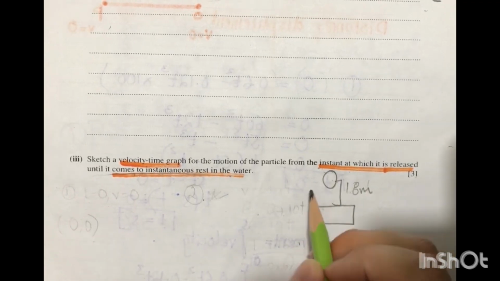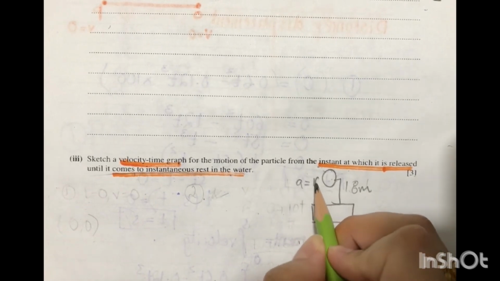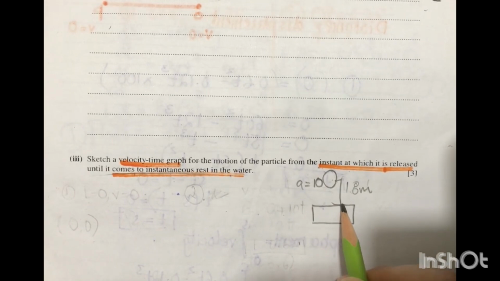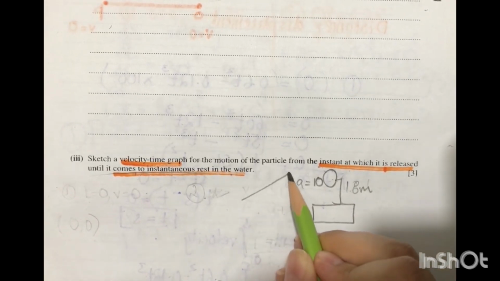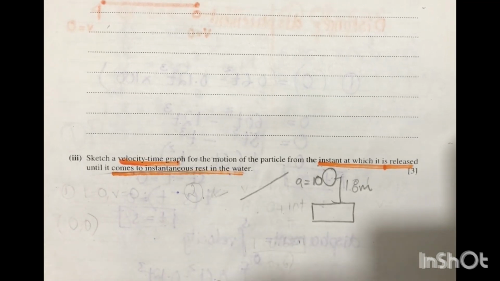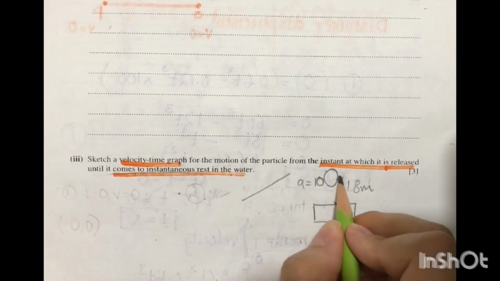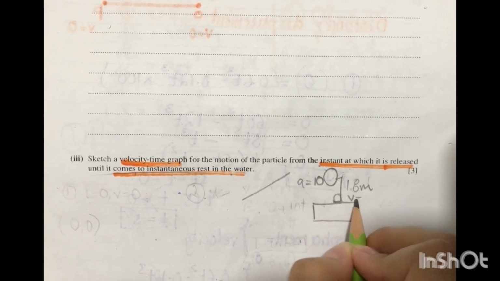We found out that since it's still in the air, the acceleration was 10. So that means from this point till it reaches the surface of the water, there will be one upward sloping straight line. But then we also found out in the first part that the final velocity at this point was 6.